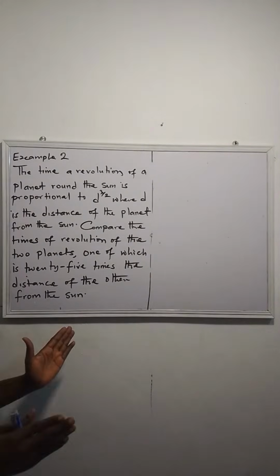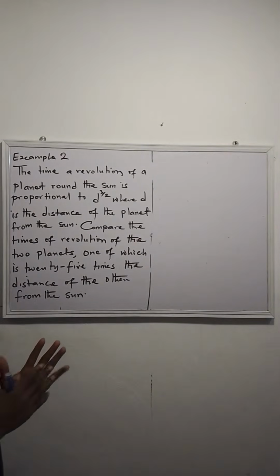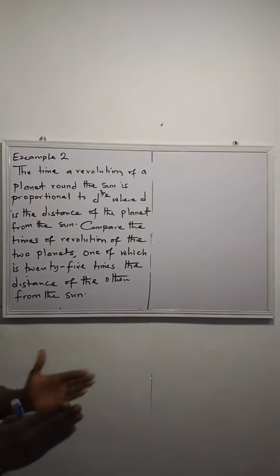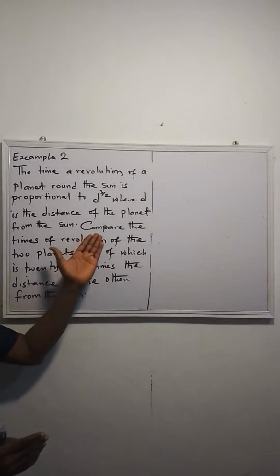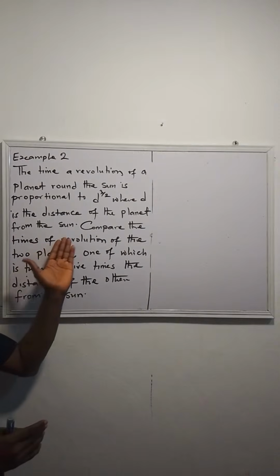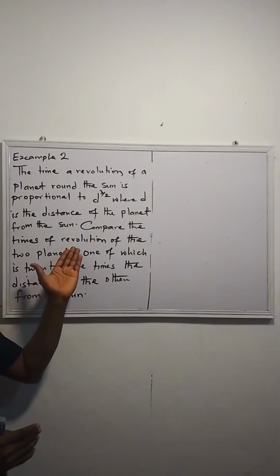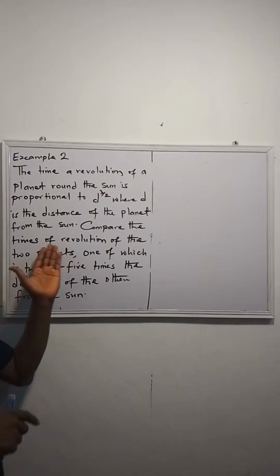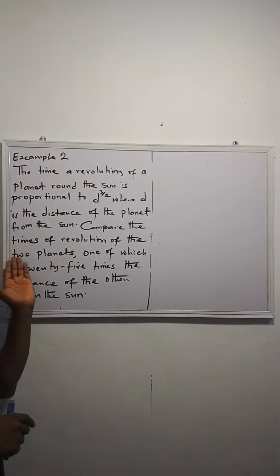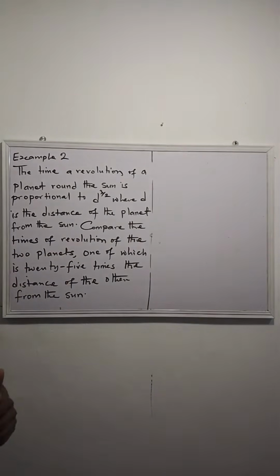Okay, so now the question wants us to get, now we have to compare the times of revolution of the two planets. So that is what the question wants us to do.